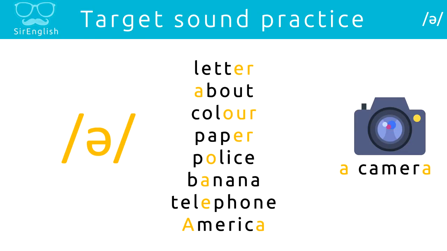And also notice every section of the word where the sound appears is unstressed. Okay, keep this in mind. It's the unstressed part of the word. So let's start practicing this sound. Remember, the mouth is in a neutral position. So listen and repeat.